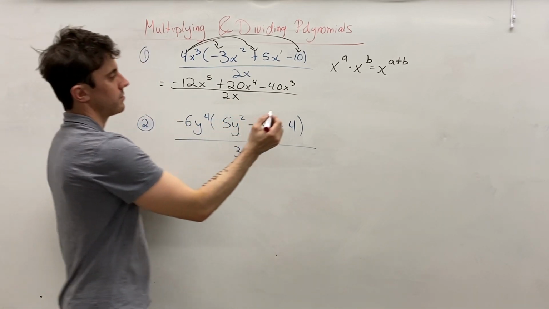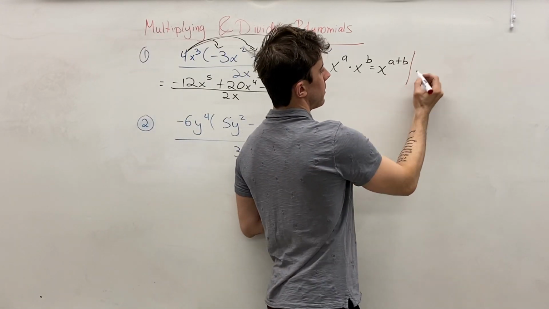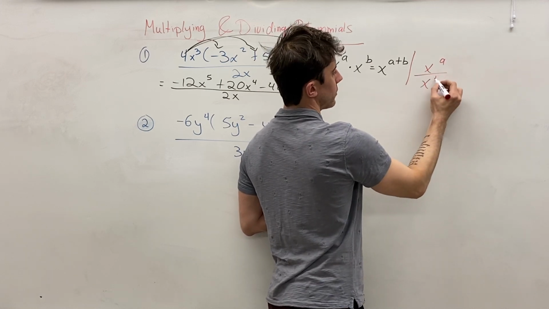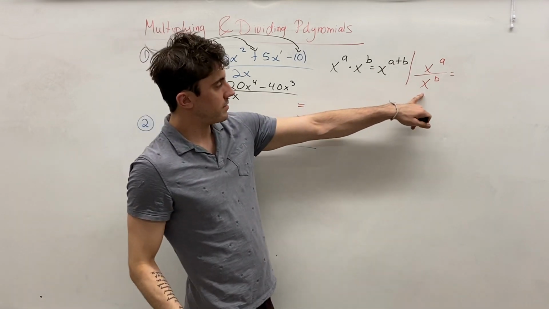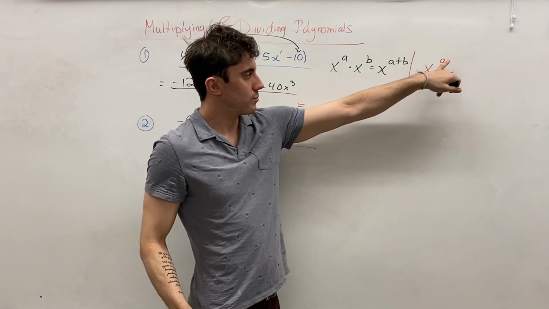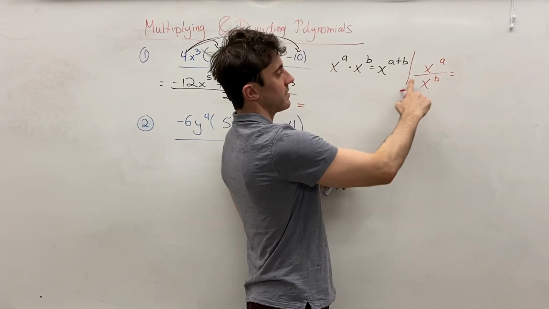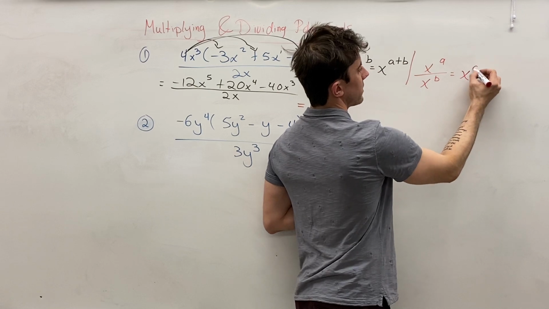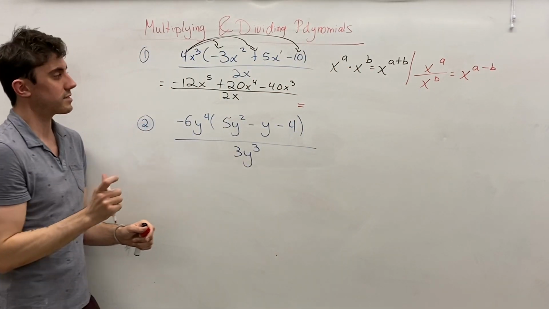And now, to finish that off, I'll remind you of our second exponent law that you most likely would have been taught in grade 9. That is, when we divide by the same base, we subtract the exponents. And so if we have x to the power of a divided by x to the power of b, we can write this simplified as x to the power of a minus b, subtracting the two exponents, okay?